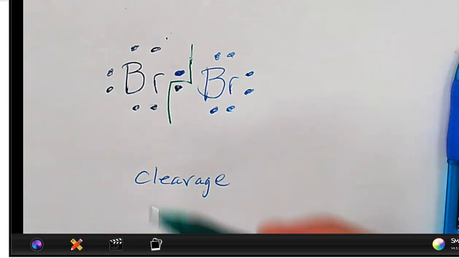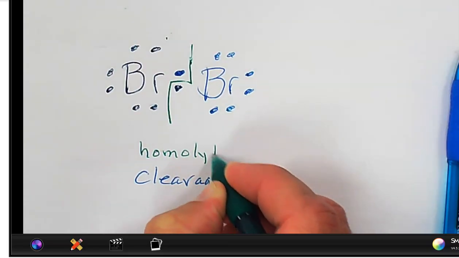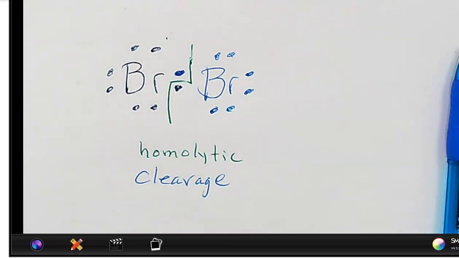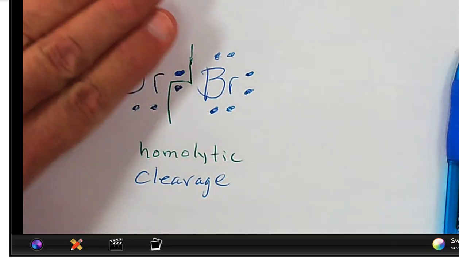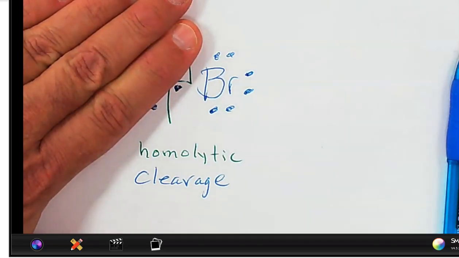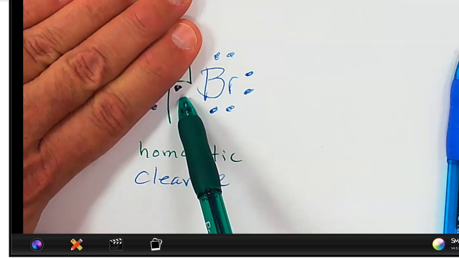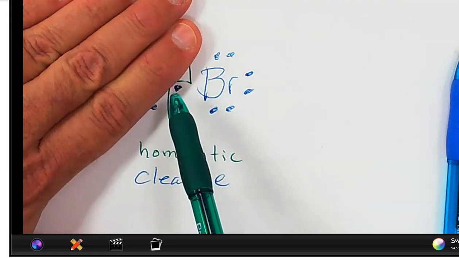So what we do to get these radicals is called homolytic cleavage. Homo, same. We get 2 of the same thing. And what we get is a bromine with 7 valence electrons, but that one is not paired up. That is an unpaired electron.